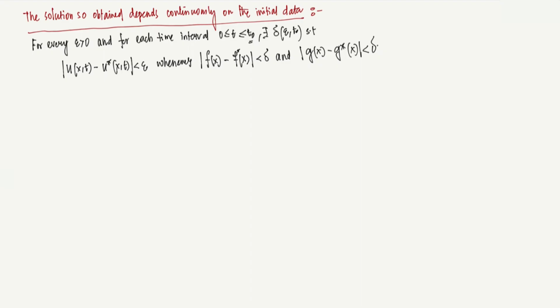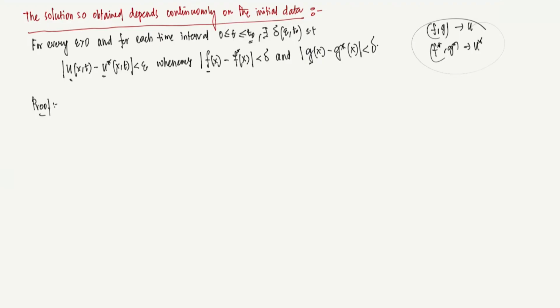Okay, let's look at the proof of it. u is the solution corresponding to f and g. If you are given f and g, the solution you get is u, and if you are given f star and g star, the solution you get via D'Alembert's formula is u star.